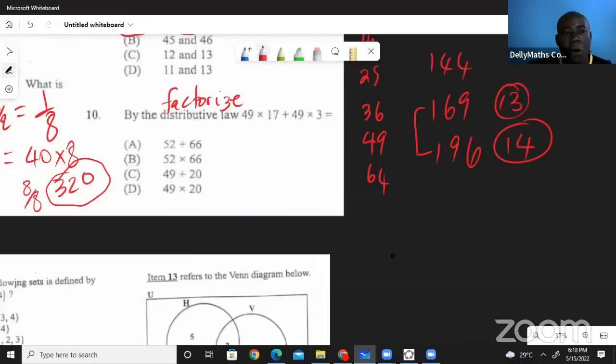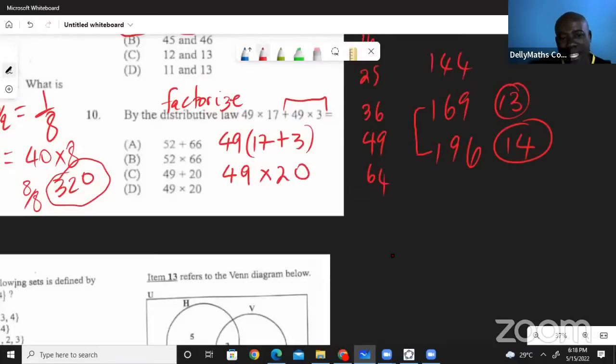So we're talking about factoring out 49. 49 into this, we're going to be left with 17. Then 49 into this piece, we're going to be left with plus 3. So basically we're looking for 49 times 20. And the answer is at D, 49 times 20.